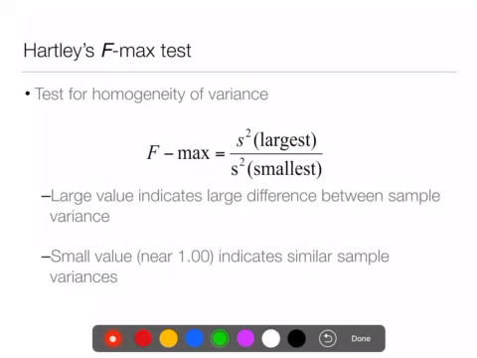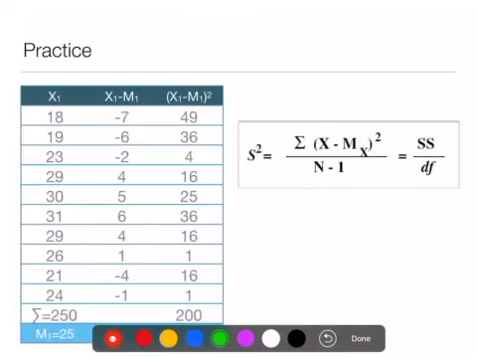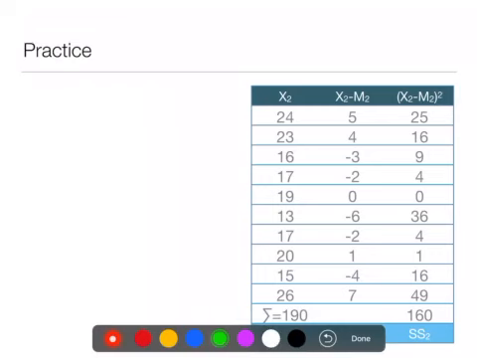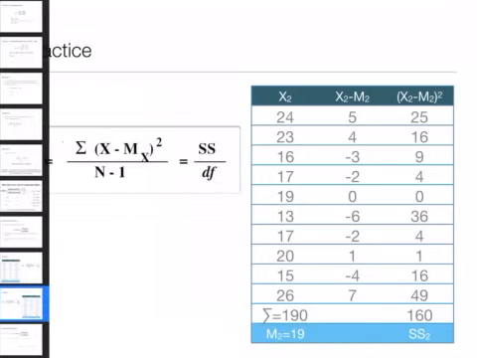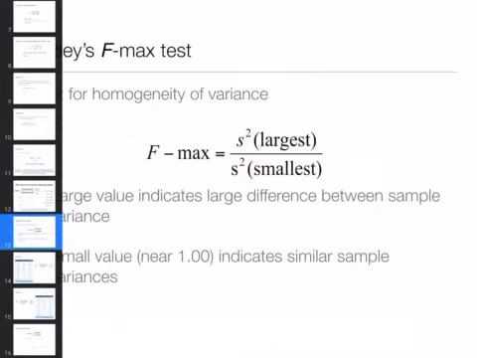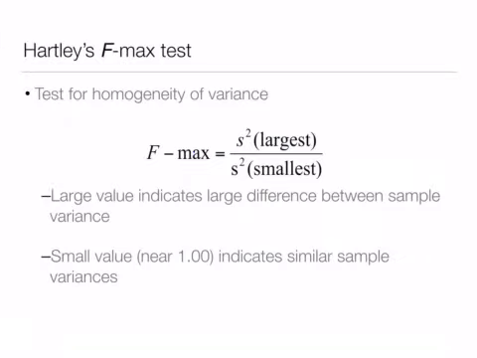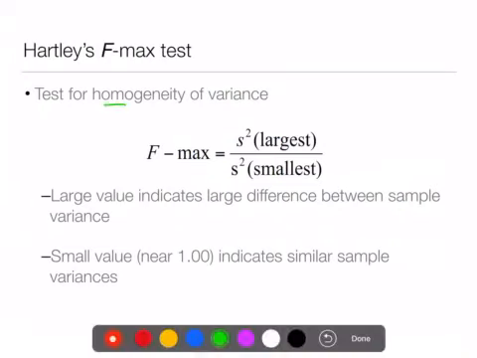Okay, so the test for homogeneity of variance. Let's see if I can go back. So for our Hartley's Fmax, now notice this Fmax is different than what we'll do later, an F-test for ANOVA. Okay, so this is completely different. Homo means the same.